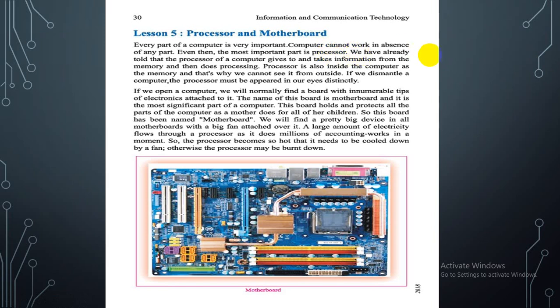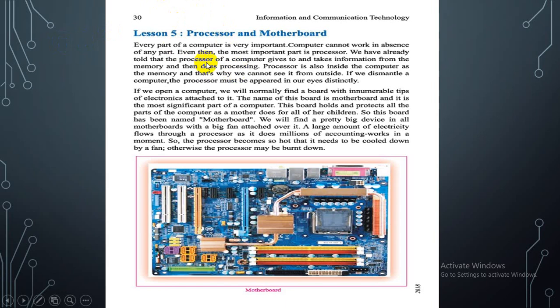So we have already told that the processor of a computer gives and takes information from the memory and then does processing. So dear student, what's the question? The question is what's the task of the processor? That means what's the function of the processor?